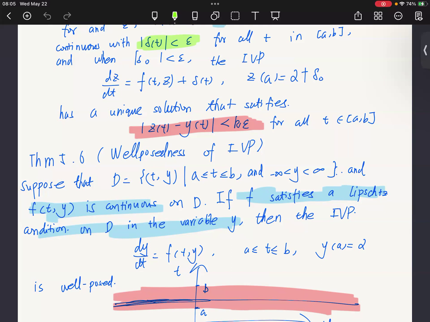Let's see. You have already seen the derivative of the y function with respect to the t variable here. Does this remind you of something from 104B? If you want to approximate a function derivative, you would use finite difference methods, right?